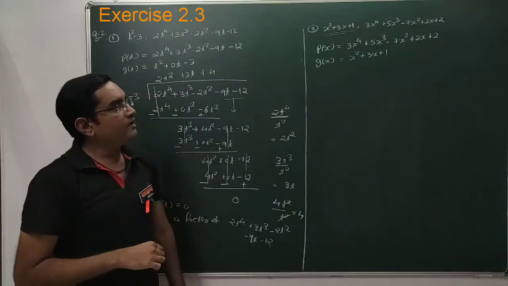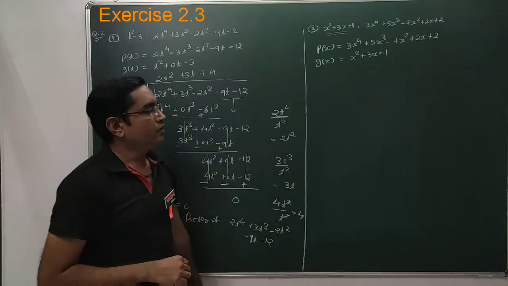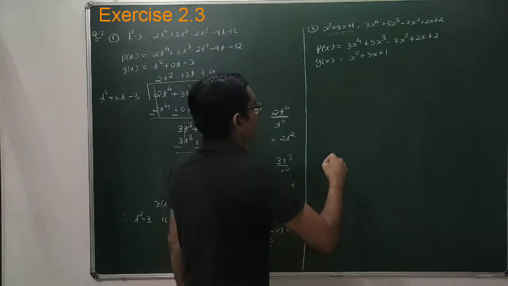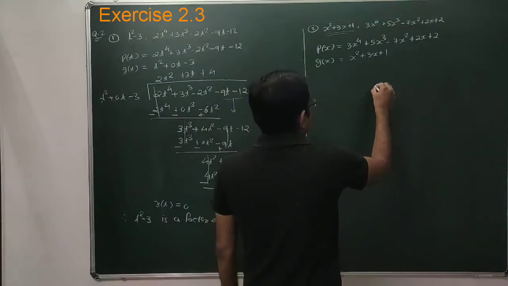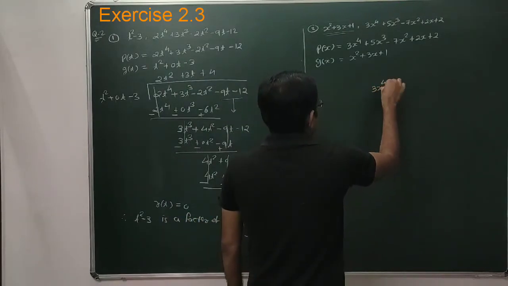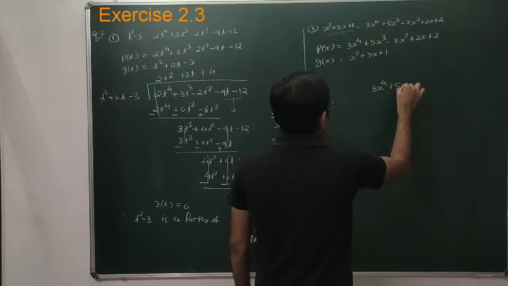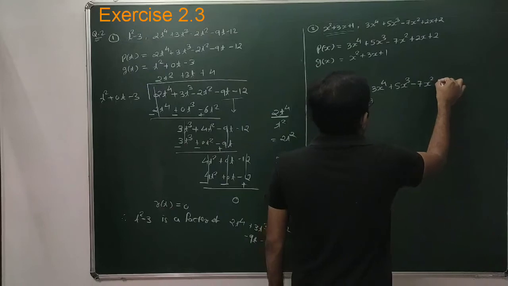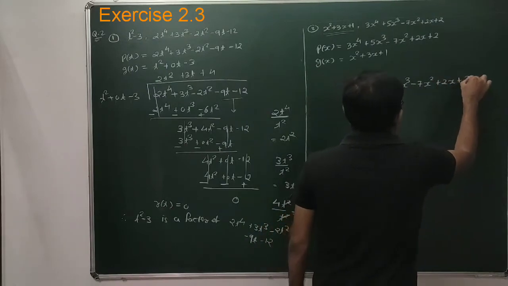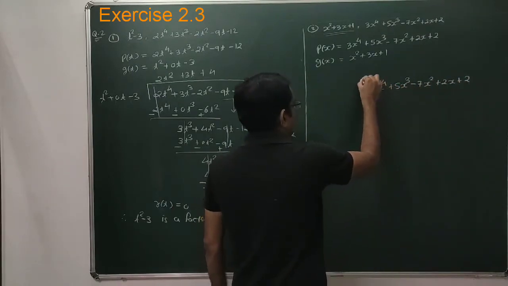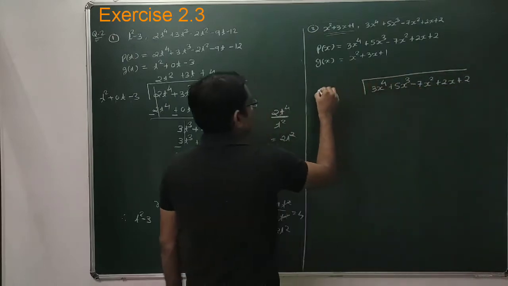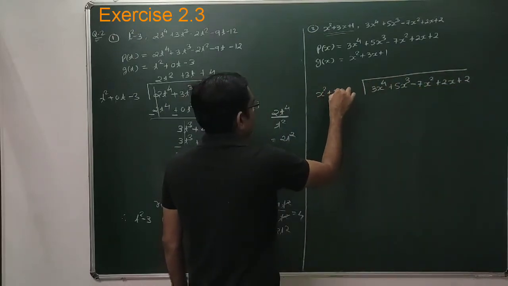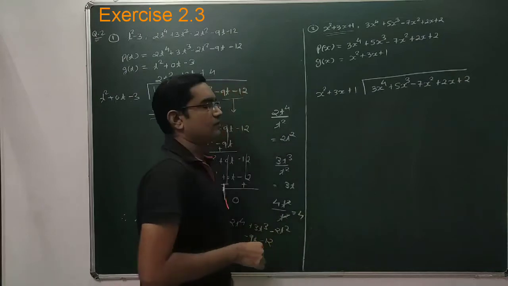Dividend polynomial and divisor polynomial both are in standard form, so you can directly start long division. So now long division is 3x raised to 4 plus 5x cube minus 7x square plus 2x plus 2. Divide this polynomial with x square plus 3x plus 1.